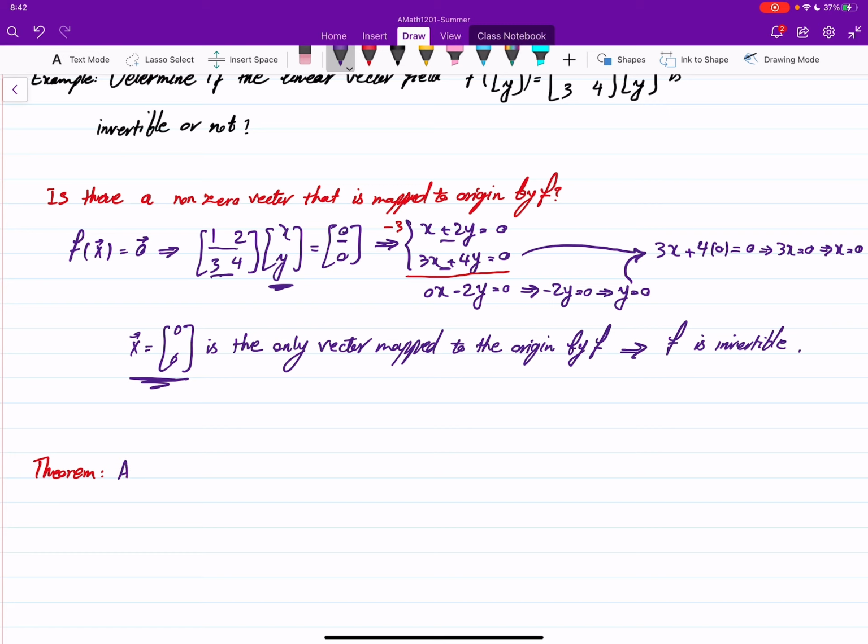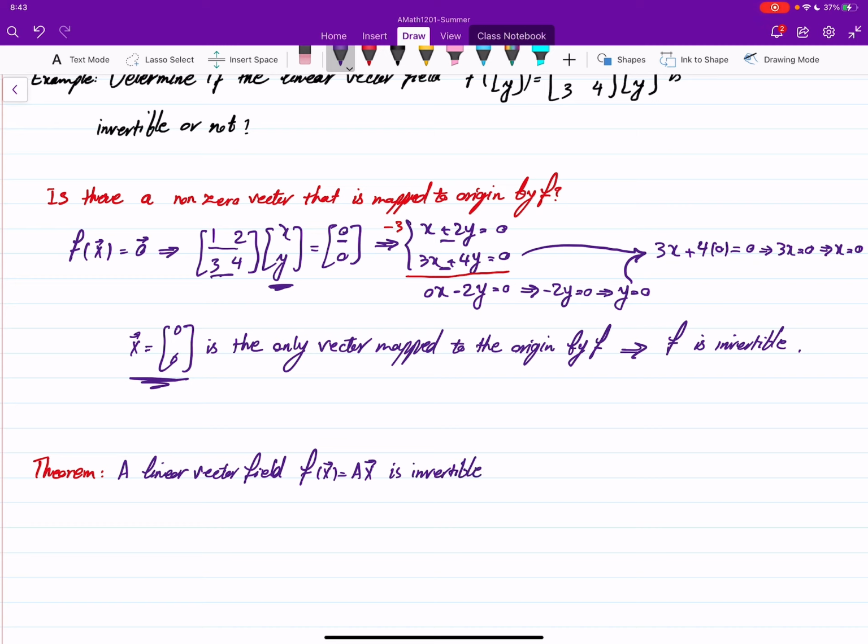A linear vector field f(x) = Ax is invertible.